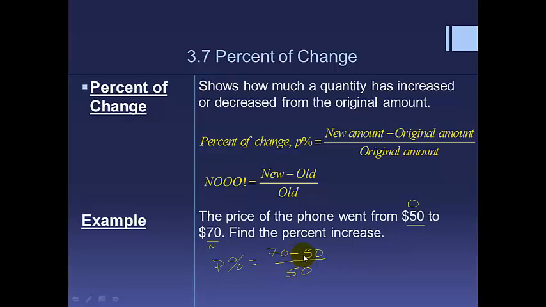That's exactly the same as this wording here. I just gave you this one because it was in the textbook. So we took our new amount, 70, subtracted our old amount, and put that over our old amount. So 70 minus 50 is 20 over 50.